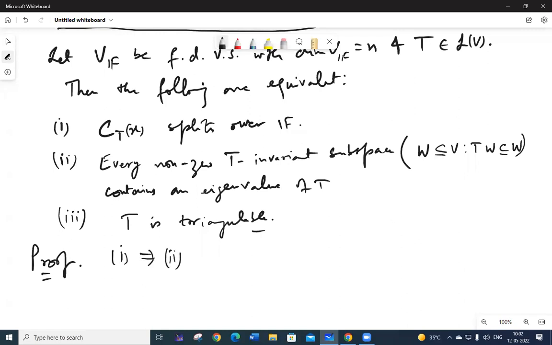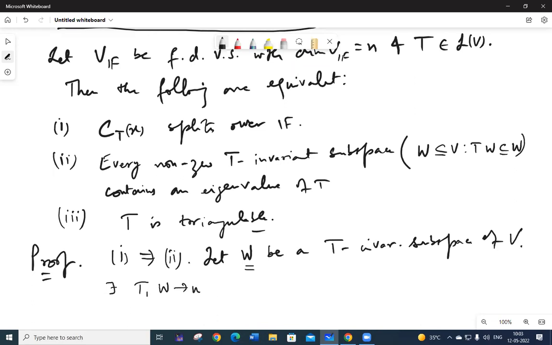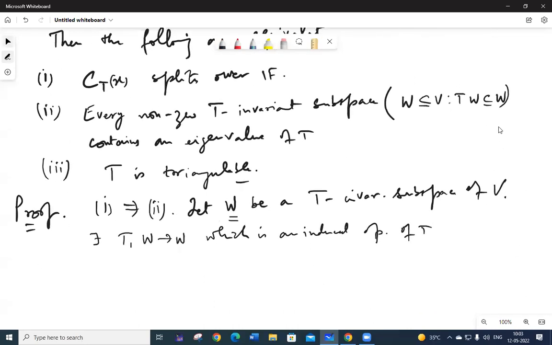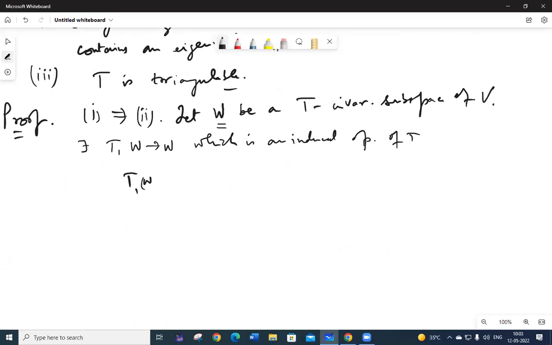One implies two. So for that, let W be a T-invariant subspace of V. Then there exists an operator T1 from W to W, which is an induced operator of T. That means whenever you define T1(w) where w belongs to W, this is the same as T(w).